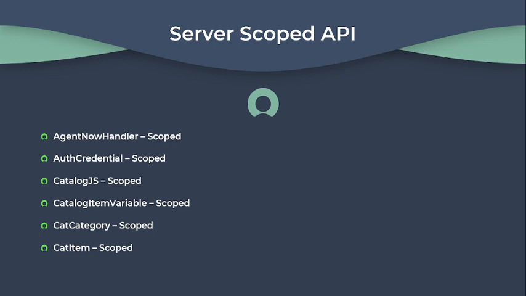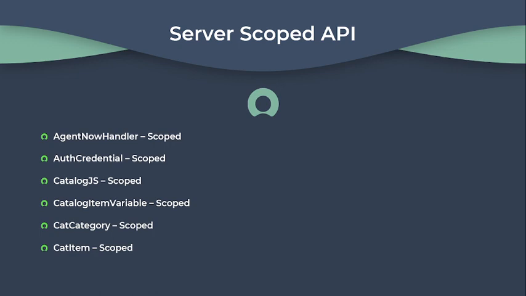Then AuthCredential. The AuthCredential API provides methods that enable you to build credentials for a REST request. Then Catalog.js. The Catalog.js API enables you to use methods to check and retrieve catalog specific properties.